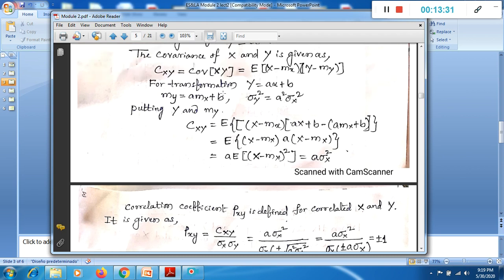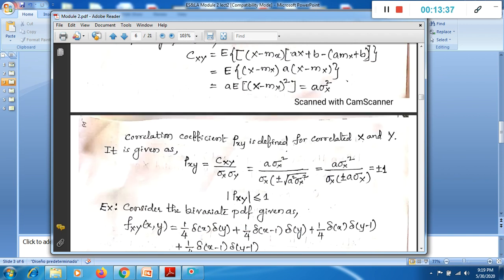So this is from the given transformation, for which we have already del y square is equal to a square del x square. So by substituting that, we get a into del x square over del x into plus or minus a of del x.